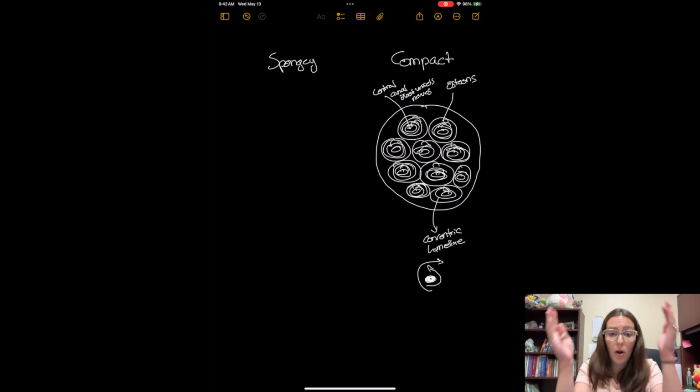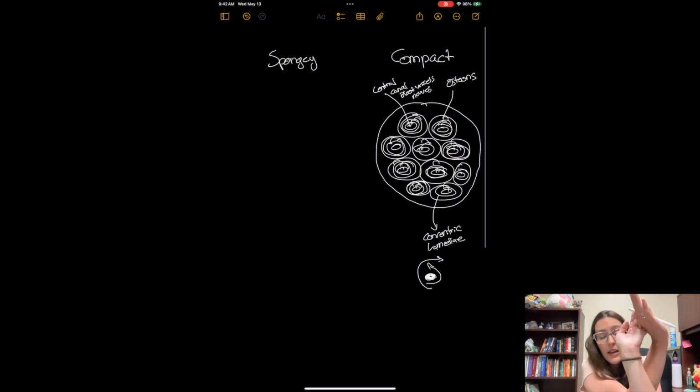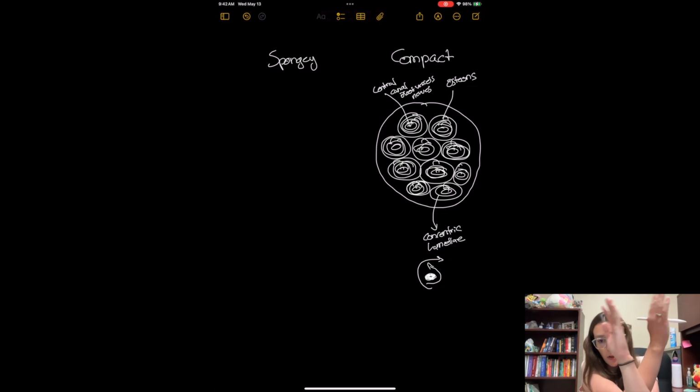Because if my arms were together, like this, it'd be really easy for, let's say, a knife chopping down to break them apart. But with these concentric lamellae, because they're twisted like this, even if I tried to chop down the middle, I could only go this far. I'm not able to break down.